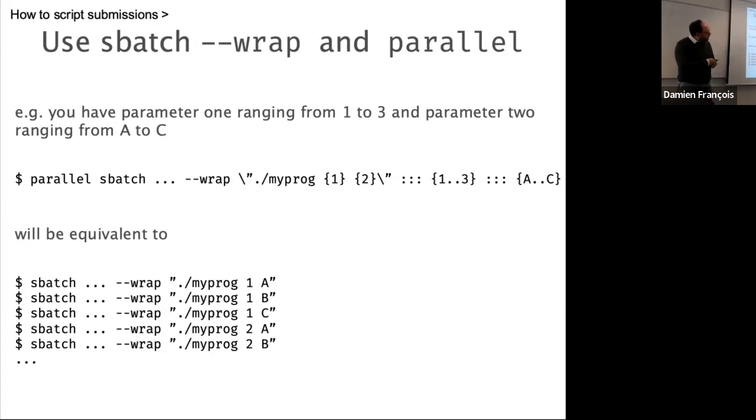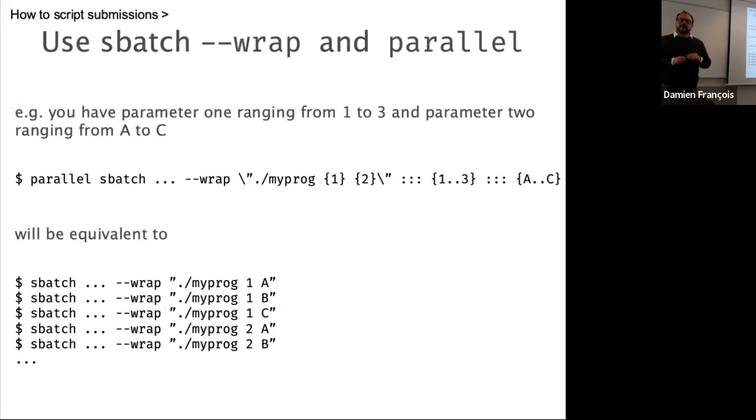So you see that the first placeholder here is replaced by a number from 1 to 3, and the second one by a letter from A to C with all possible combinations. So it's an easy way in one command. Yeah, be careful. With one command, you can submit a huge amount of jobs, and I will have to clean up after you if you make a mistake.